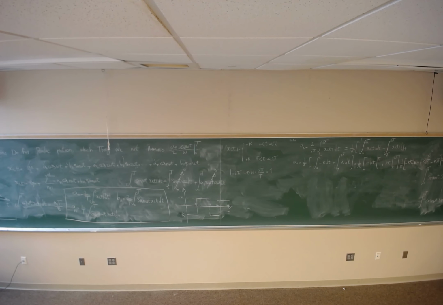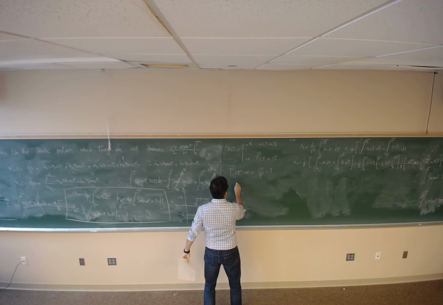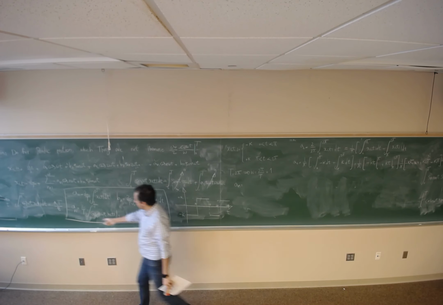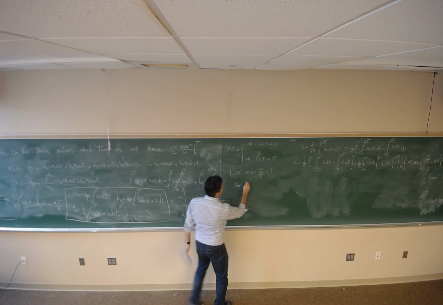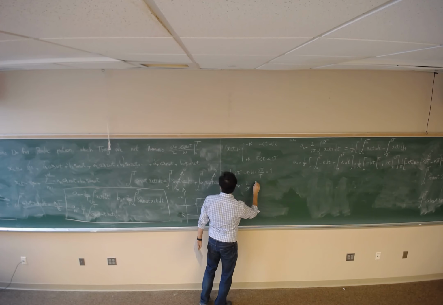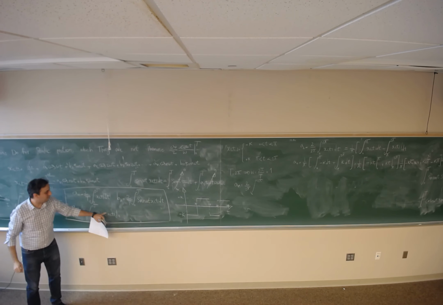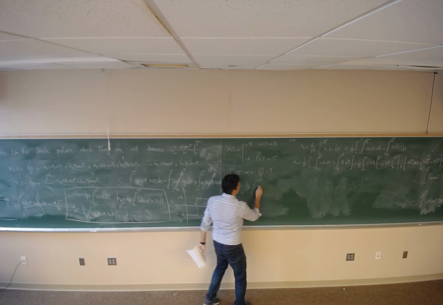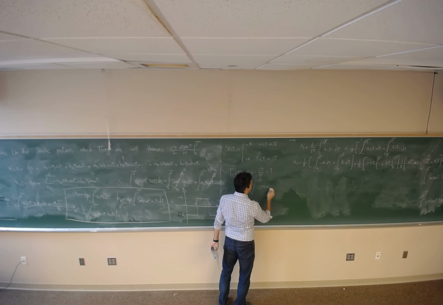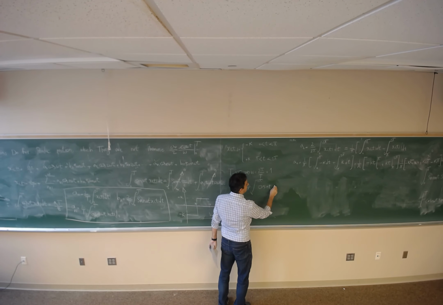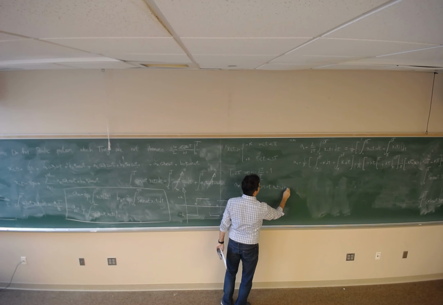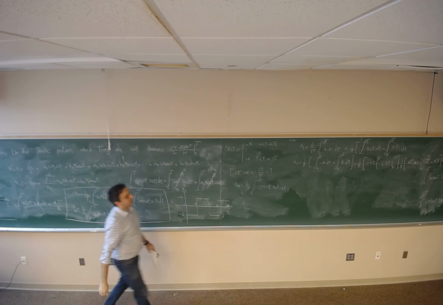Any question on this? So let me look at A n. How can I find A n? 2 over 2 pi, integration from 0 to 2 pi, cosine of n omega t, and omega is 1, so cosine of nt, x of t dt. I need to find this integration.